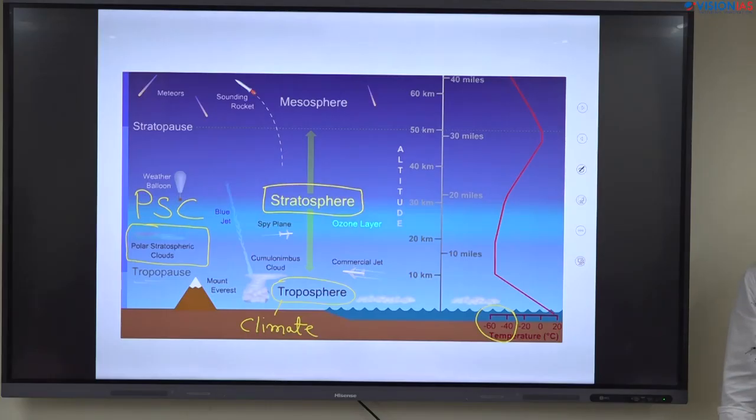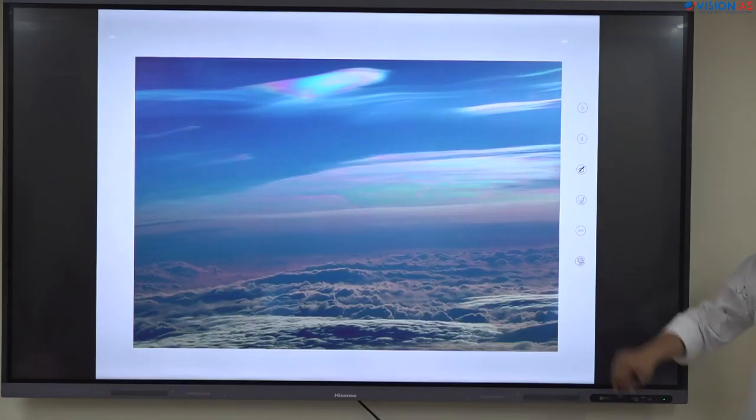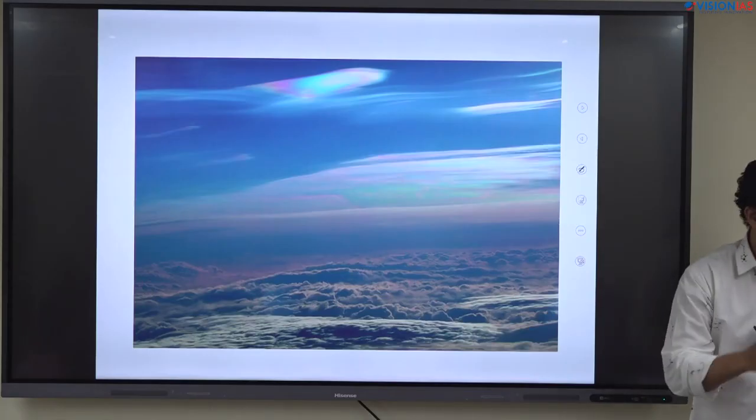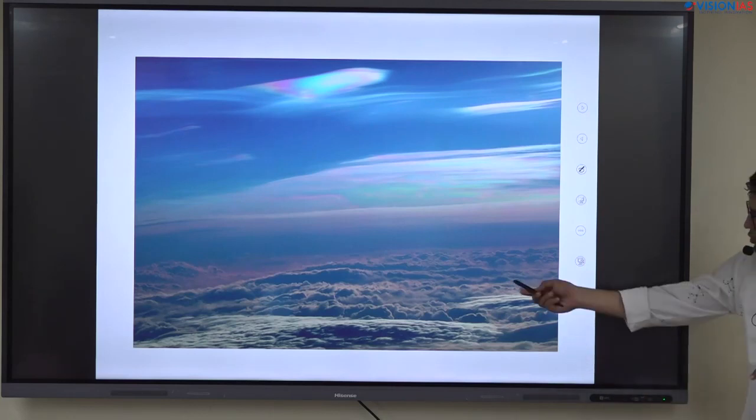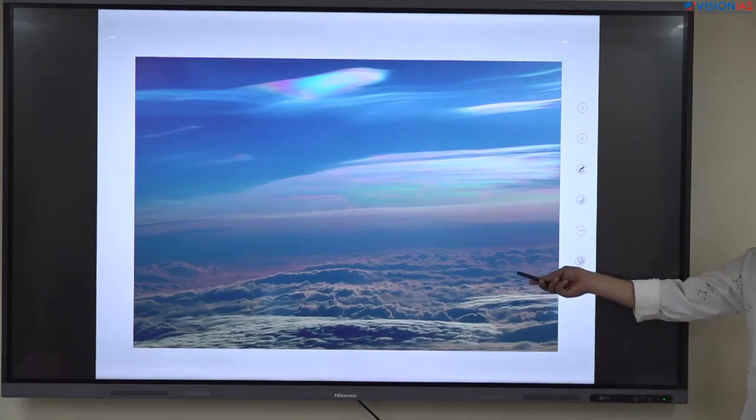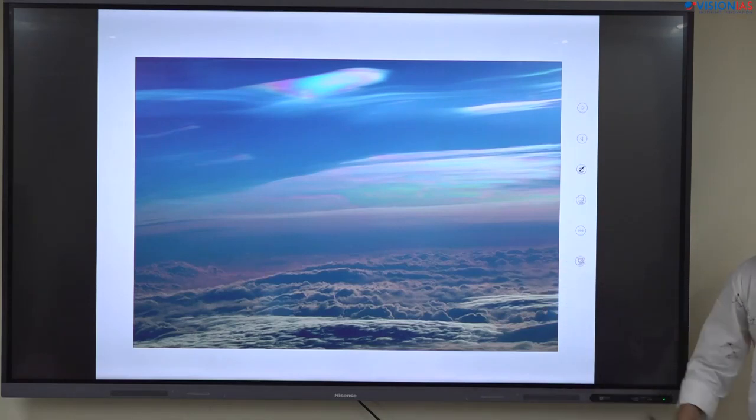In Antarctica. See, polar stratospheric clouds form all over the world. You will find them all over the world. But where they will be more? In Antarctica. So polar stratospheric clouds are like this. This is the image few years back released by NASA. This image shows cloud cover. This is Antarctica, cloud cover over Antarctica.